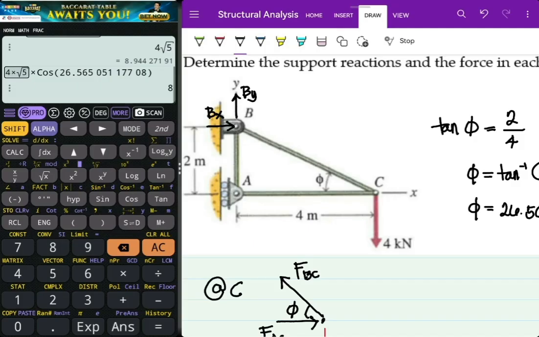Again, these two are just assumed. The sense of our BX and BY is just assumed.